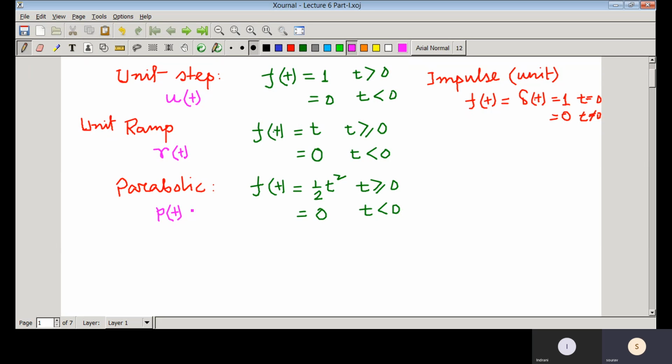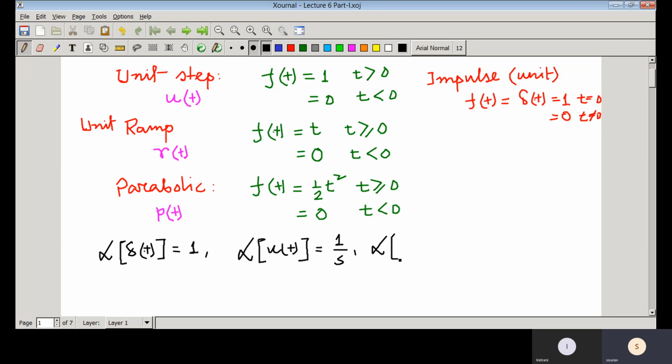So what would be the Laplace transform of those standard signals? The Laplace transform of delta(t) equals 1. You know all of those things; I am just recapitulating what you have studied in signals and networks. The Laplace transform of the unit step is 1 by s, and here s is the Laplace variable.